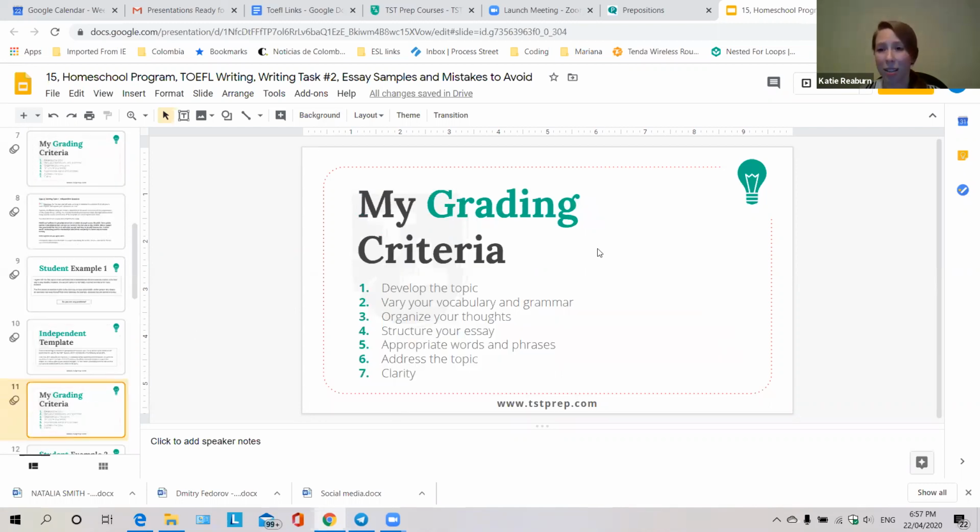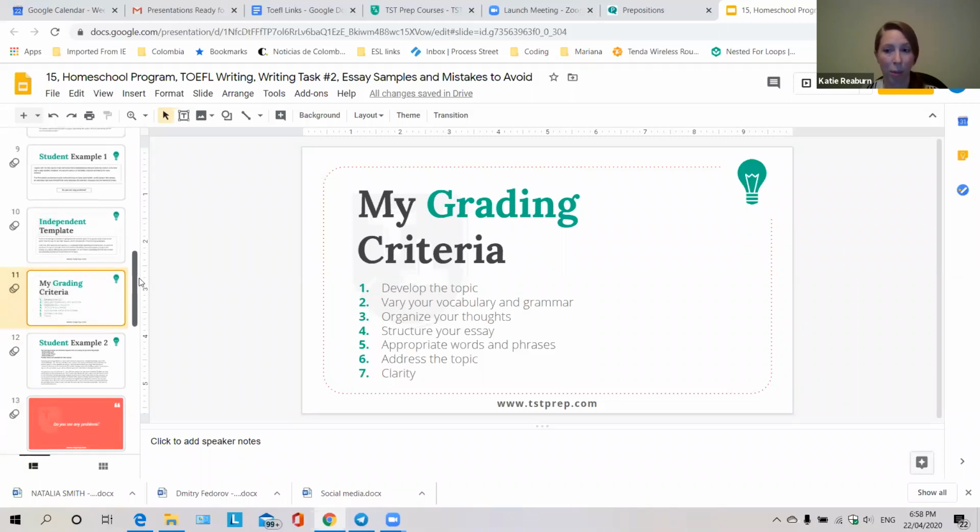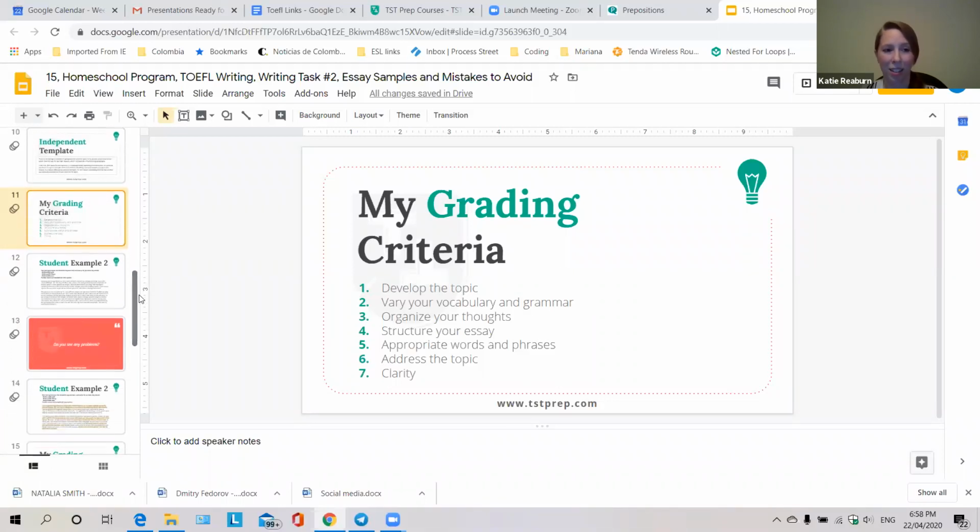So as we said, that one there was a bit of an issue on developing the topic. Also, by not developing, we couldn't see a variety. We couldn't see any organization, and we couldn't see so many words and phrases there. So these things impact each other. Keep these in mind as we look at the next student's example.